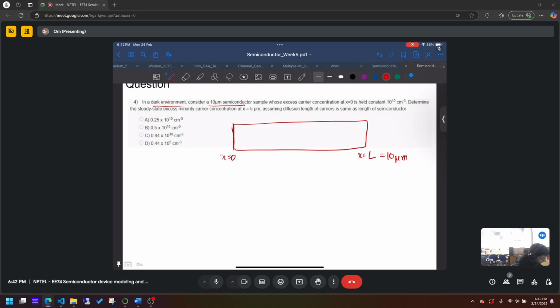The carrier concentration at this point is 10 to the power 10. We have to find the steady state excess minority carrier concentration at x equals 5 micrometer, considering the diffusion length of the carrier the same as the length of the semiconductor.